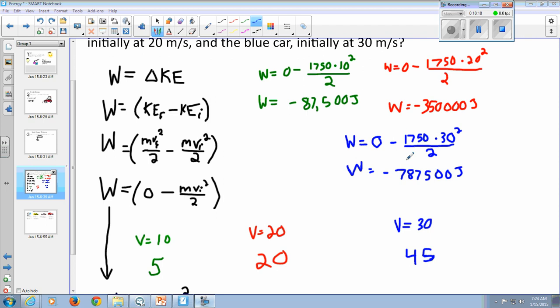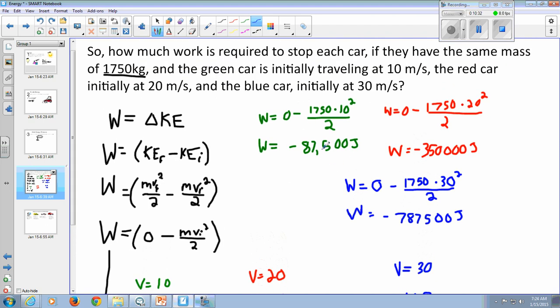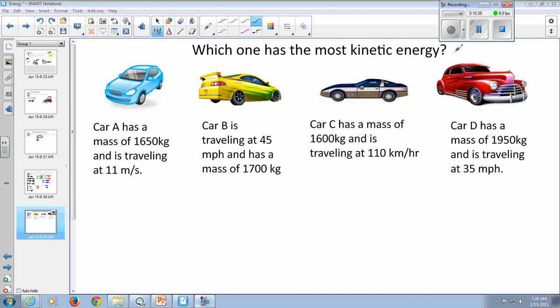Same thing with the blue car. That went up by a factor of 3. So the velocity went up by a factor of 3, so the work should go up by a factor of 9. 87,500 times 9 is equal to 787,500.